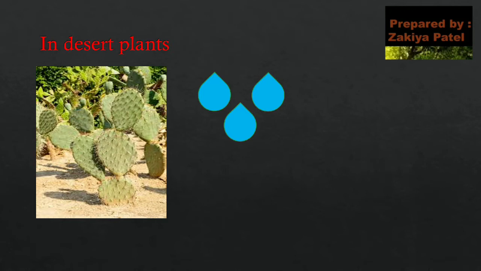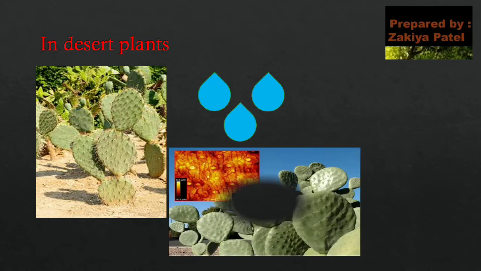In such types of plants, the epidermis forms a very thick layer in order to prevent excessive loss of water. Dear student, as desert plants have a dry habitat, they have to store water inside. So what will they try?